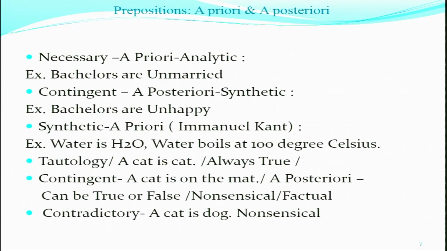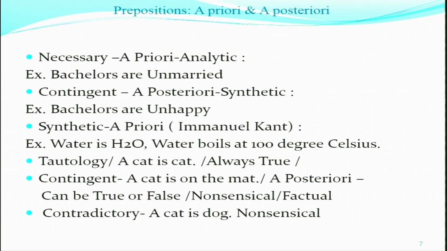Let's talk about the third possibility, what Immanuel Kant talked about in his philosophy: the synthetic a priori, which combines the analytic and a priori with the a posteriori. For example, water is H2O. Or water boils at 100 degrees Celsius. It is also synthetic a priori because it is based on a necessary relation, but it also requires experience to check the fact.